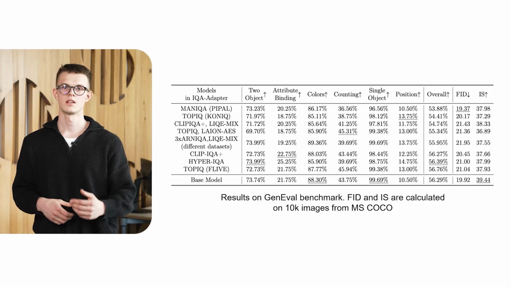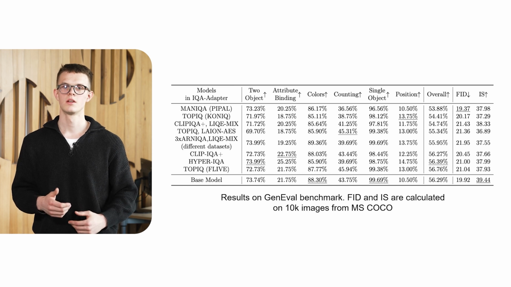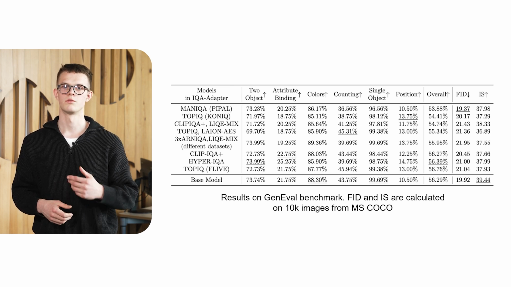An important question is, does focusing on quality degrade the model's relevance or its ability to follow a prompt? We check this using the GenEval benchmark, which analyzes how accurately a model generates specified objects and their properties. The results are encouraging. Our adapters generally differ negligibly from the baseline model in the overall metric.